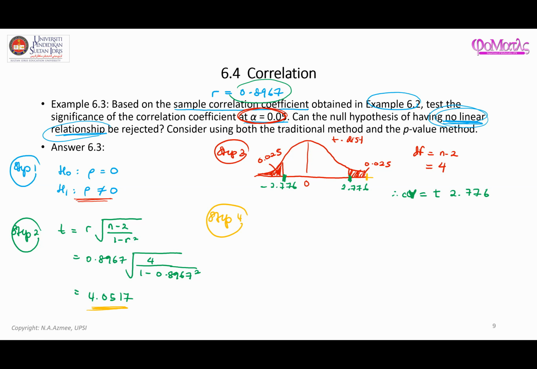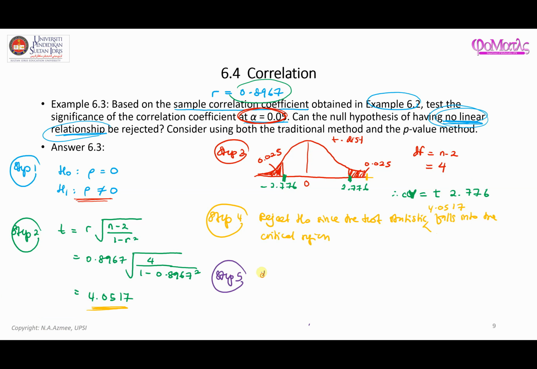So we are going to reject H null since the test statistic falls into the critical region. You can be specific about the value of the test statistic, which is 4.0517.